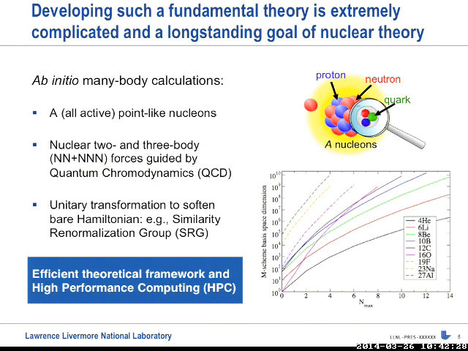Recently, one of the approaches that is going on these days is the similarity renormalization group, which basically allows us to decouple high and low momentum components of the nuclear interaction, and therefore reach convergence of the calculation within the model spaces that we can achieve computationally.